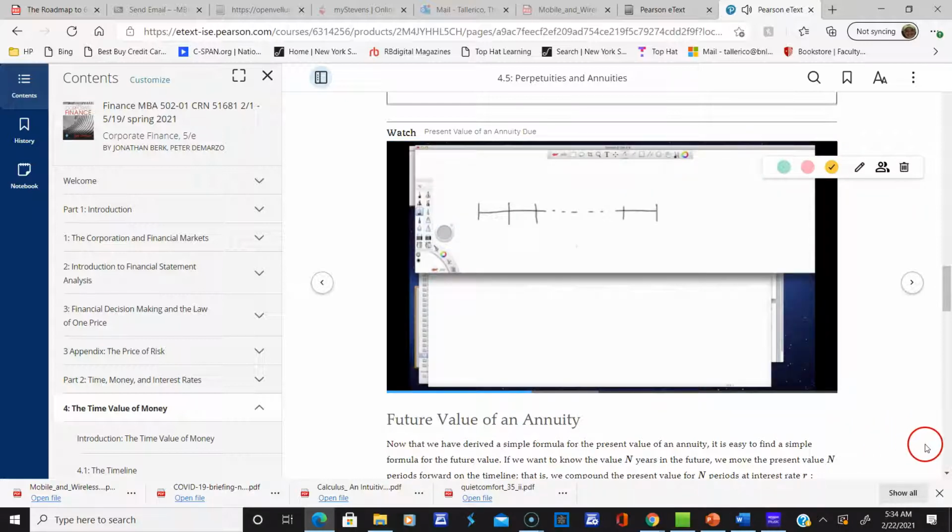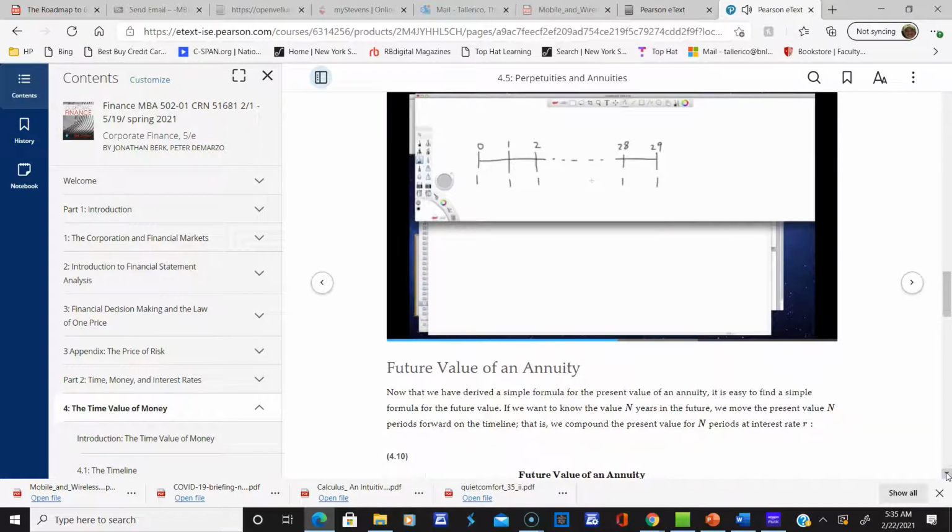So we begin, as we begin all problems, by writing the payments on a timeline. Notice that although there are 30 payments in all, the last payment occurs at the end of the 29th year. That is, the lottery payments are paid at the beginning of the year, so that the first payment is paid today and the last payment at the beginning of the 30th year or at the end of the 29th year.